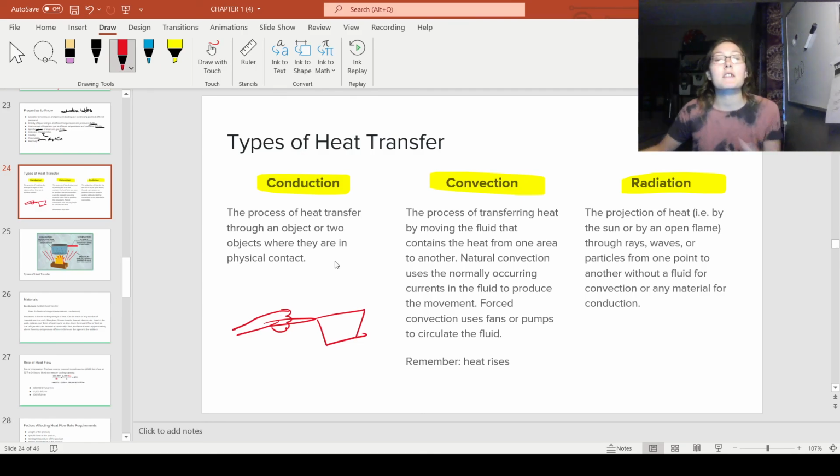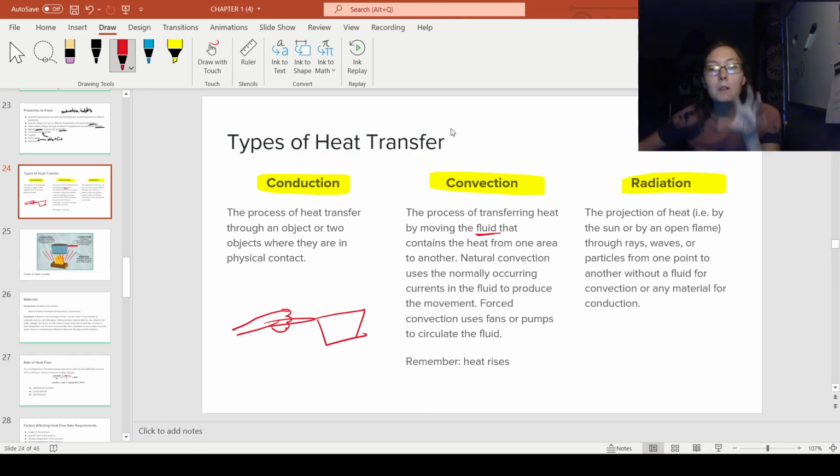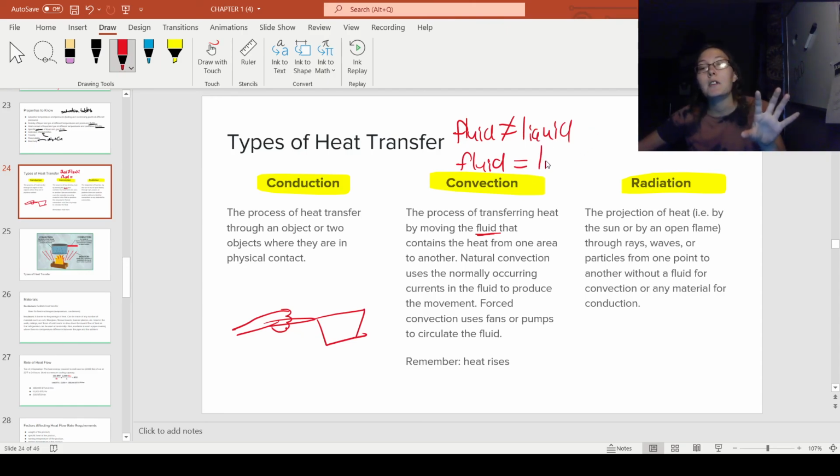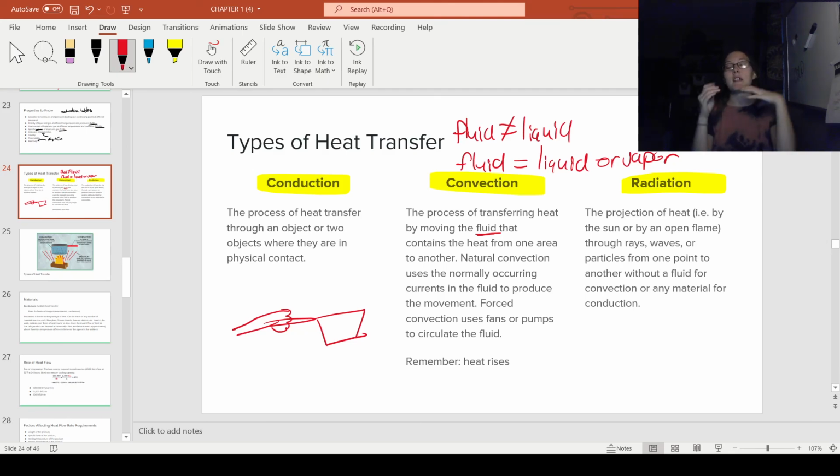Convection is the process of transferring heat by moving a fluid, okay? You also need to know that fluid does not equal liquid. A fluid, scientific definitions here, can either be a liquid or a vapor, and that's just because of the characteristics and how they interact.